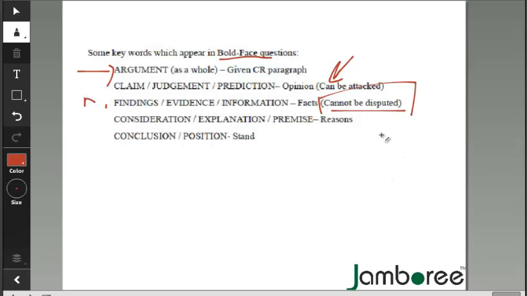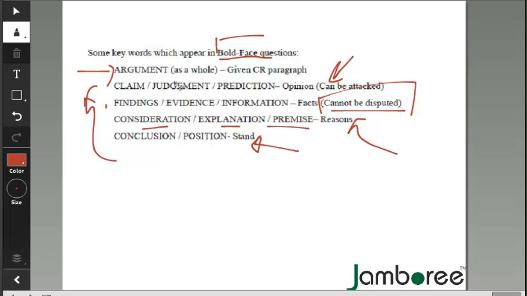You cannot say, oh, this is wrong. Consideration, explanation, premise, these words when you see them in an answer option mean reason, a reason for something. Conclusion and position mean the author's stand, basically. So these are some general words that you should know specific to boldface.